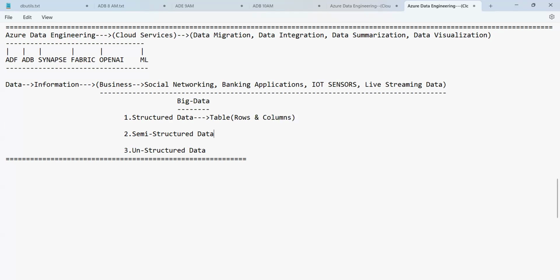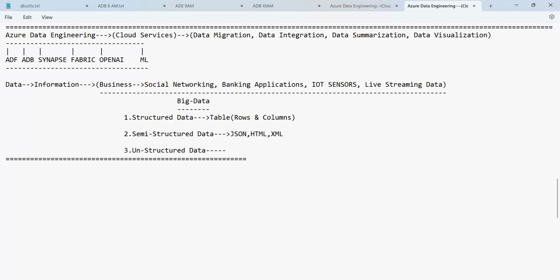In the same way, semi-structured data is the data recorded in the form of JSON files, HTML files, and XML files. So these are the formats we have: JSON, HTML, and XML.